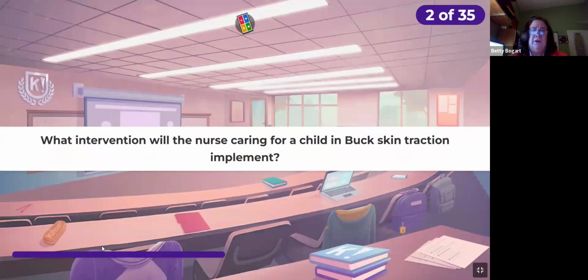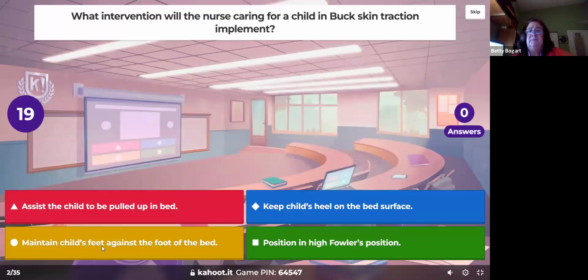What intervention will the nurse caring for the child in Buck's traction implement? Buck's traction, again, is the boot on the lower leg. It pulls when you have a fractured femur, right? What's our biggest concern about fractured femurs and our traction?